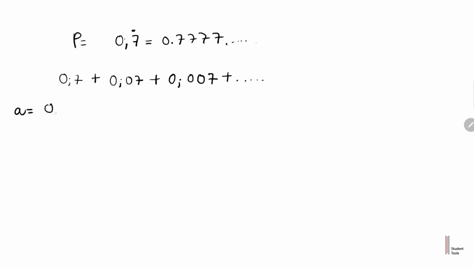It's 0.7, and we have to determine the ratio, which is equal to 0.07 over 0.7. So what is that? I will just punch that on my calculator and see what I come up with. All right, my calculator gives me 1/10. So we have that ratio.